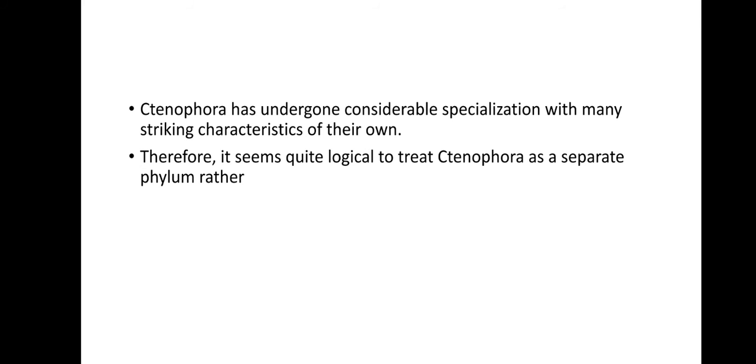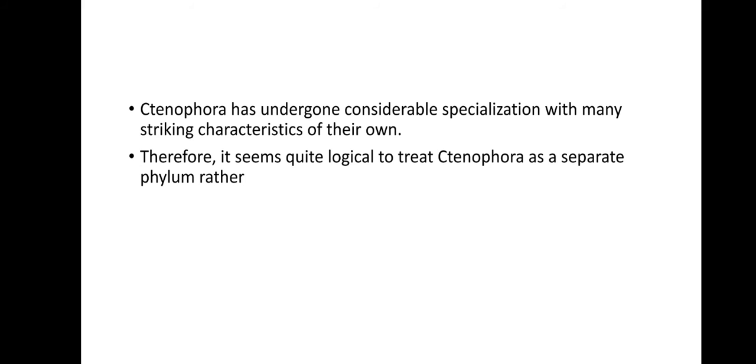So with all these similarities and differences, now we cannot put Ctenophora in Coelenterata, nor can we put it in platyhelminthes, because they are not so advanced like platyhelminthes, neither are they so primitive like Coelenterata.